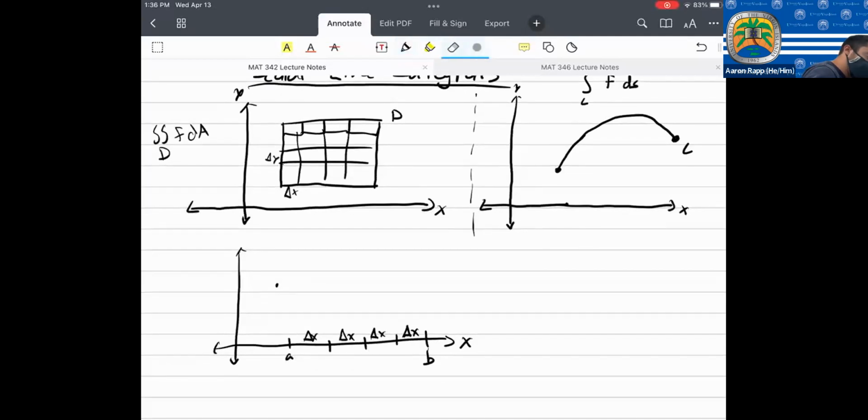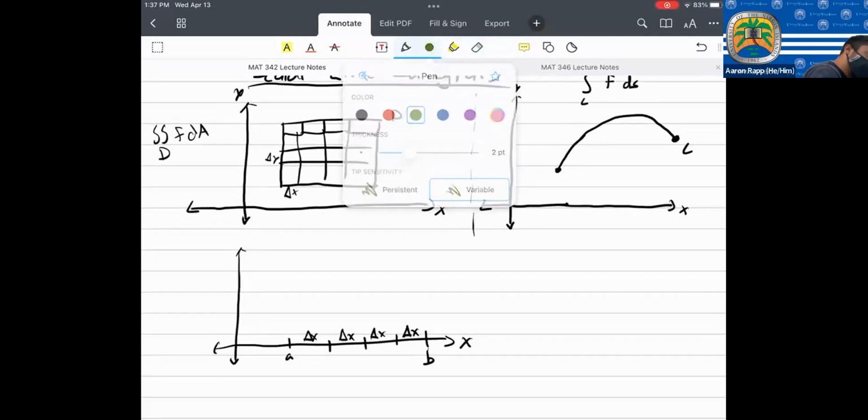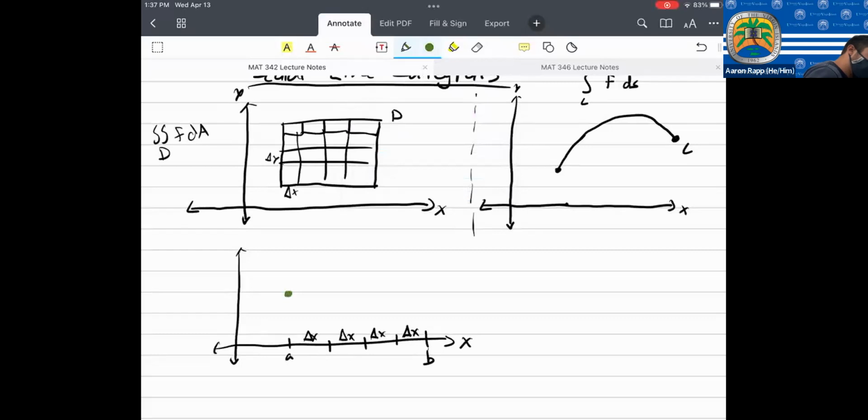And then based on that spacing, I had my function. Let me use a different color. Let's say it looked like that. I'd pick a particular point to then get my rectangle's height, and then use that to get an approximation underneath the curve.